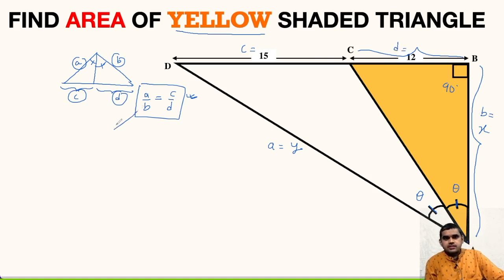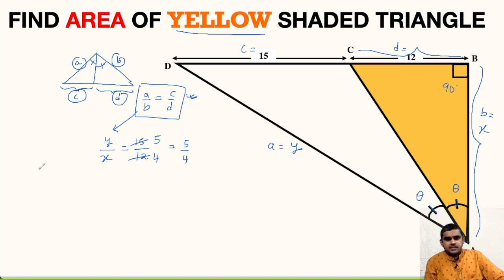So let us substitute the values of A, B, C, D here. In place of A we write y, B as x, C as 15 and D as 12. Let us further simplify this. 3 times 5 is 15, 3 times 4 is 12, so we get 5 upon 4.